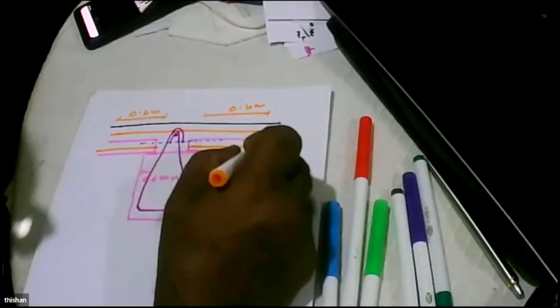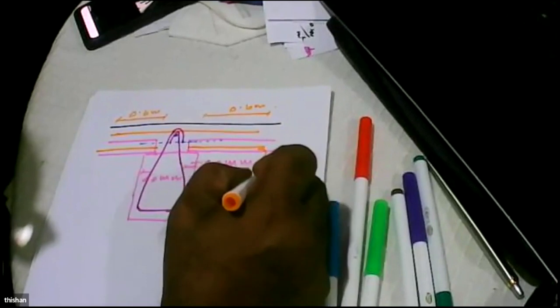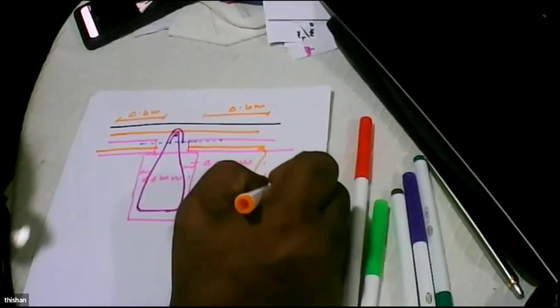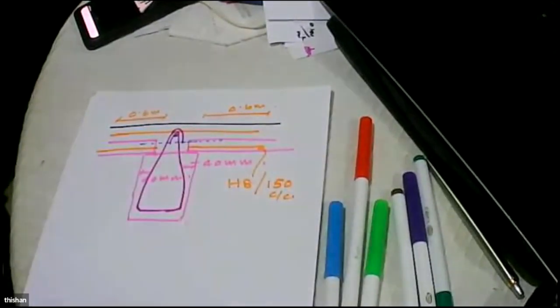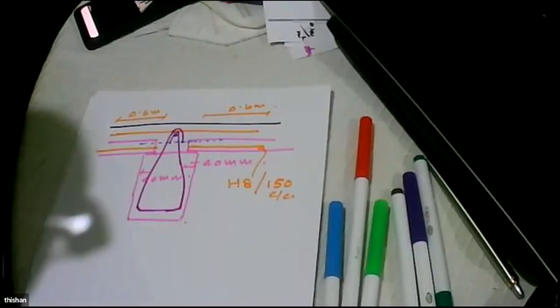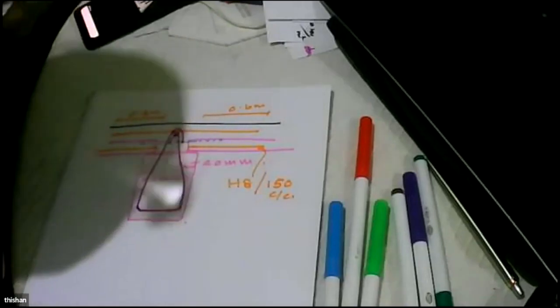And all this reinforcement will be H8 at 150 center to center, both top and bottom. So we get a very strong slab, but lightweight.